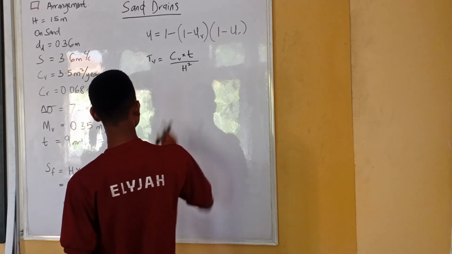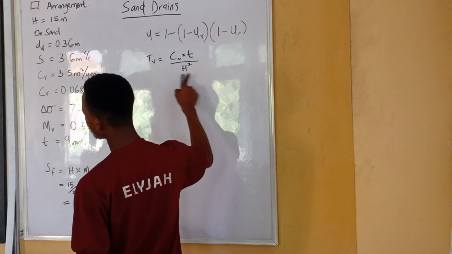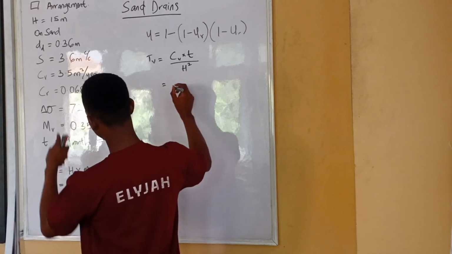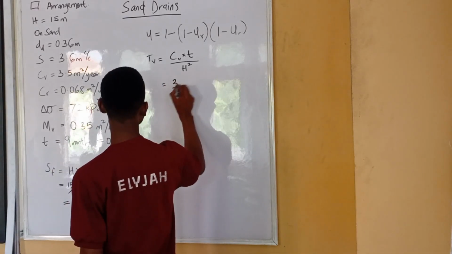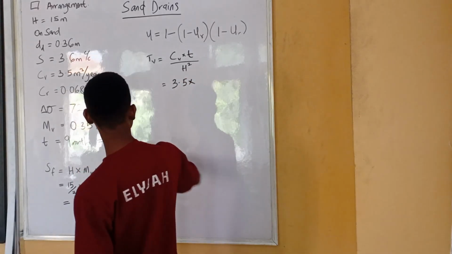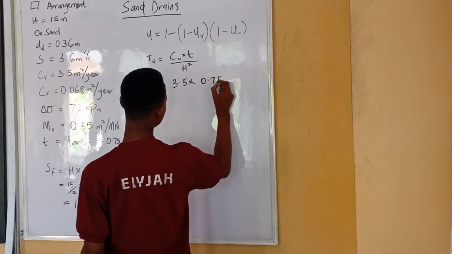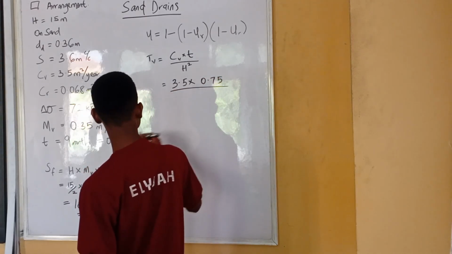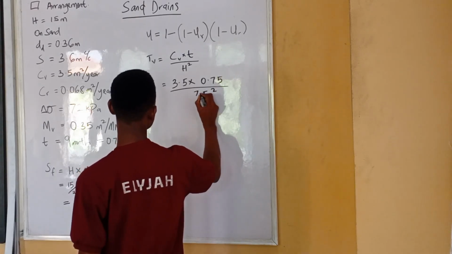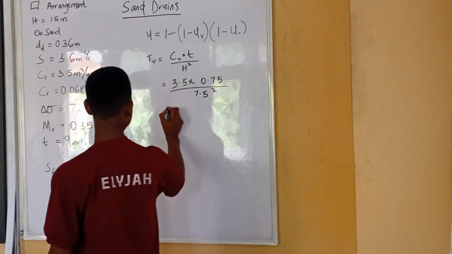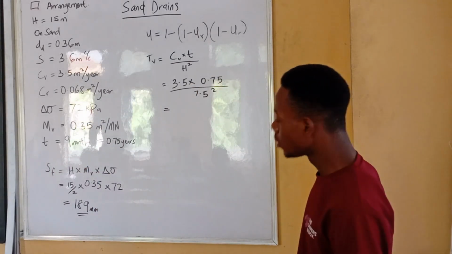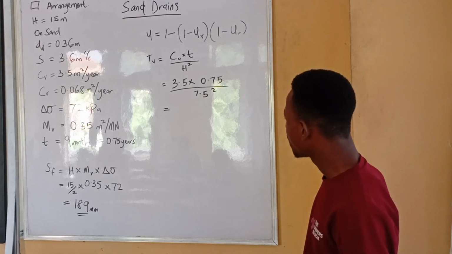We know this one, we know this one, we know this one, so that means we can find our TV. From here now, our TV equals 3.5 multiplied by T. What is T? 0.75, divided by our H, which is what? 7.5 squared. So what's the answer? 3.5 multiplied by 0.75 divided by 7.5 squared.